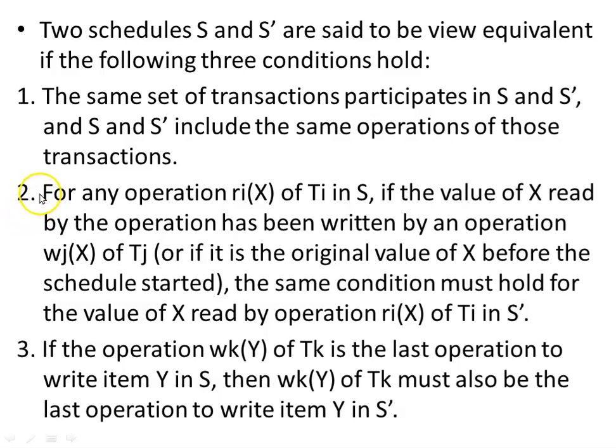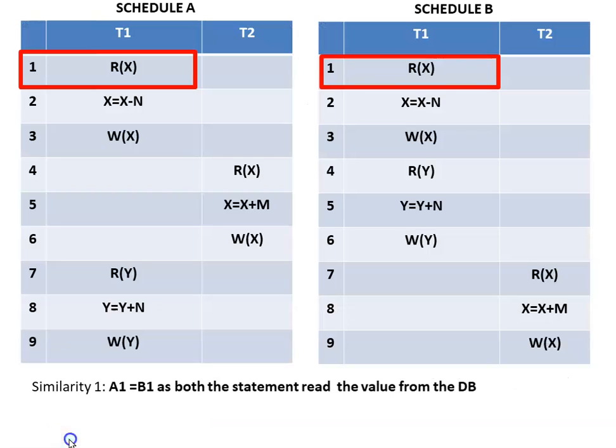The second condition speaks about the initial instructions, the intermediate instructions and the last instructions. What is the pattern of reading or what is the pattern of writing? We'll look at the example now.